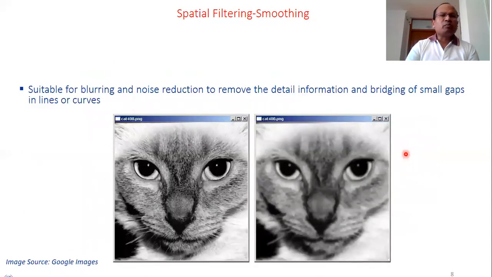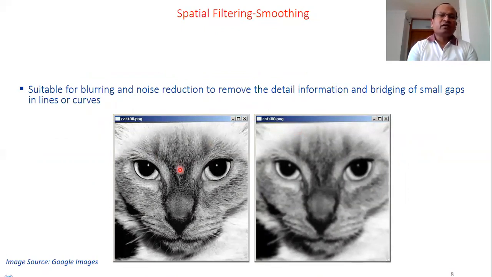This is the input image and this is the output image. In the first image, the quality is very nice. But in the second image, what has been done? Smoothing. As I told you, in smoothing, those values which are higher become slightly lower.